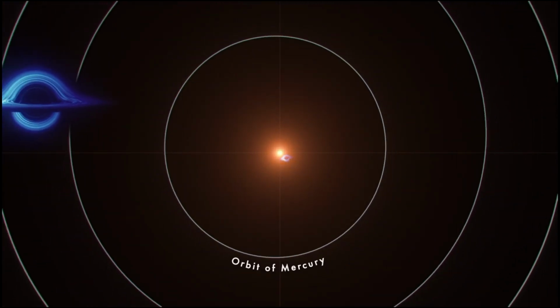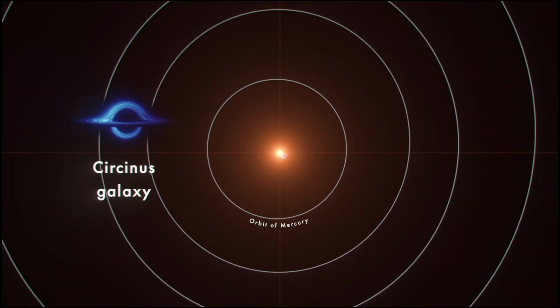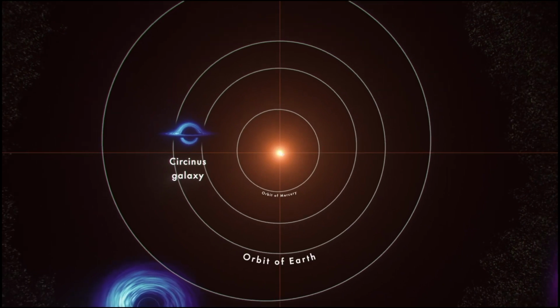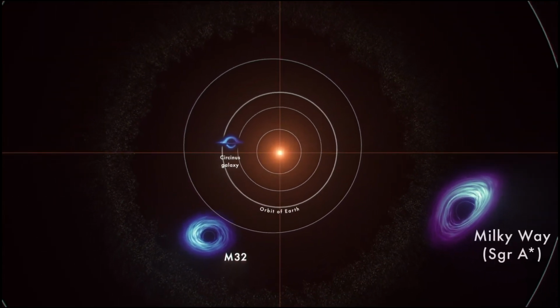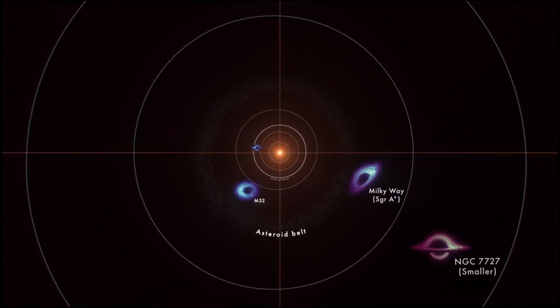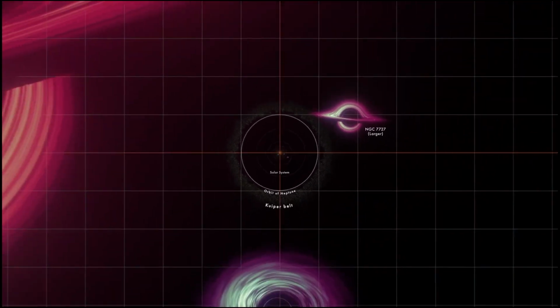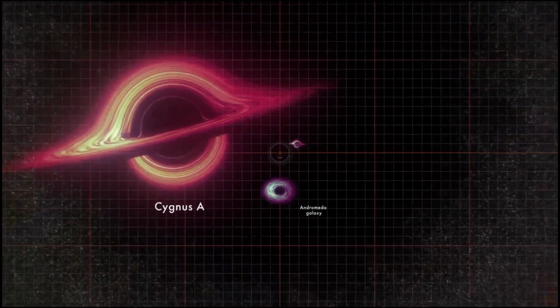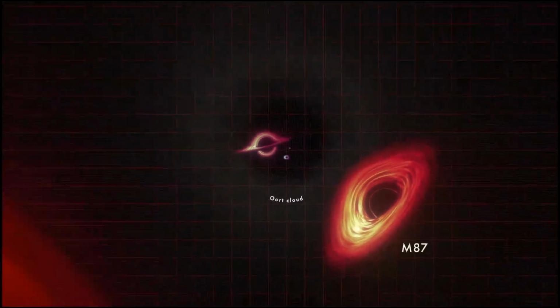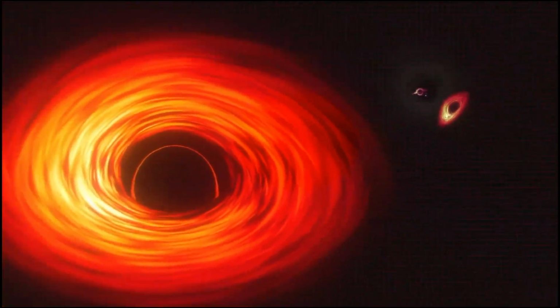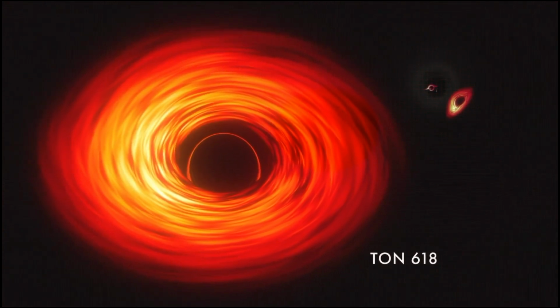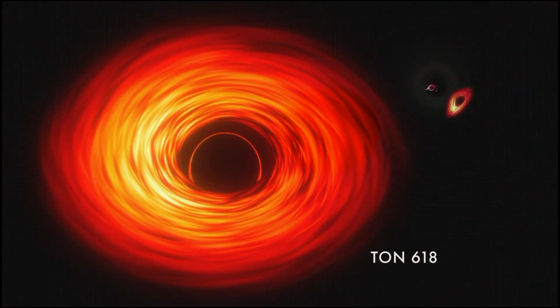They're talking about sizes here. You can see that they're just zooming out, and they're eventually going to show the biggest black hole in the universe, which is bigger than all this combined. That's what you're staring at. So Ton 618 is bigger than all that stuff that you just saw.